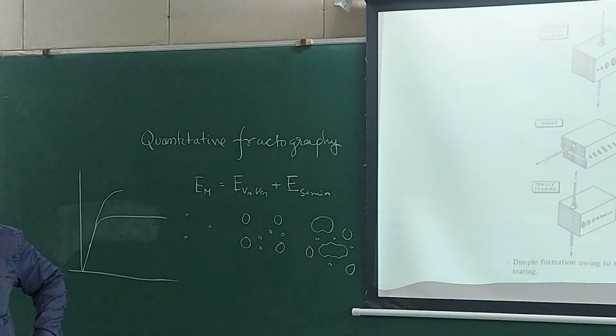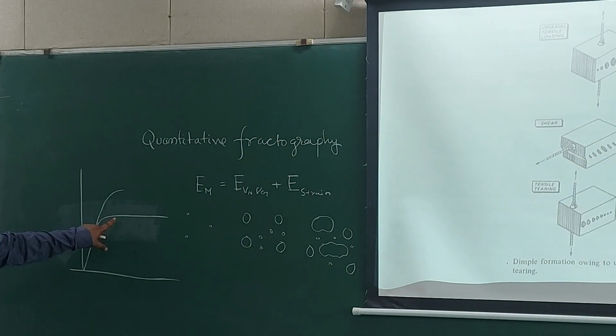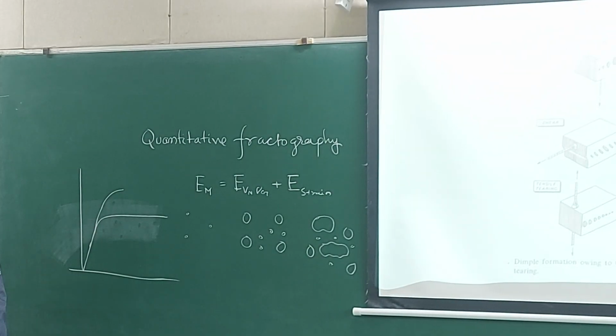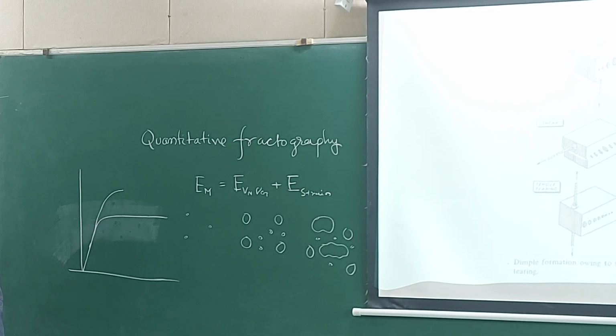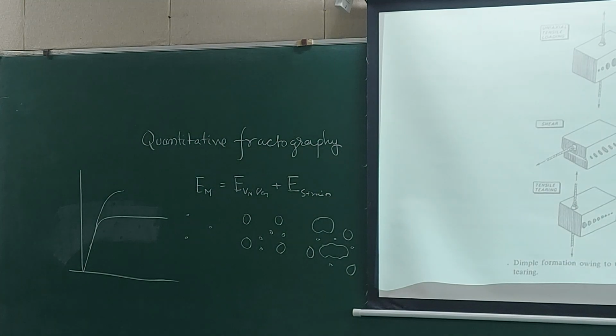So in the lower case, strain is high. So maximum energy goes into strain formation, so energy for growth is less. So dimple size will be smaller in this case. But when will they fail?